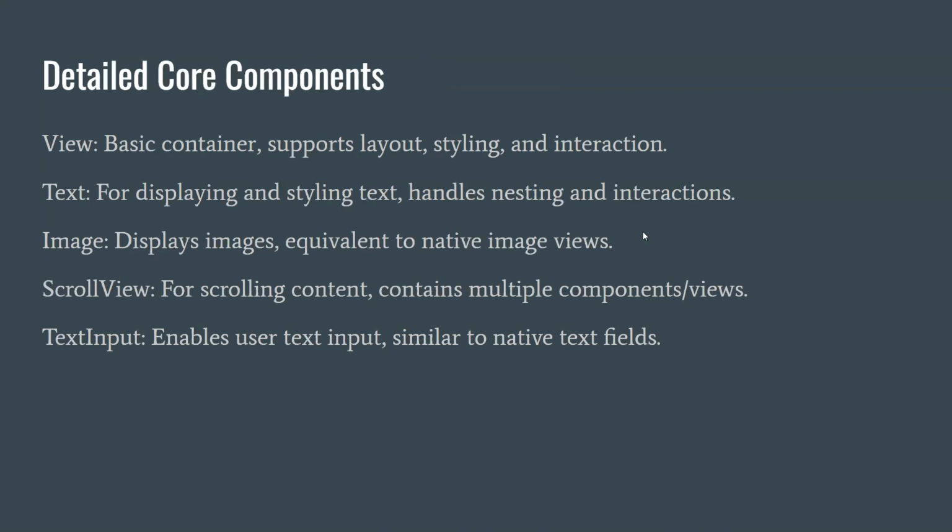Detailed core components. So if we look into core components, we can see view, text, image, scroll view, text input. A view component you can think of as a container. It's what you would normally use to organize and lay out other components. Text is straightforward.